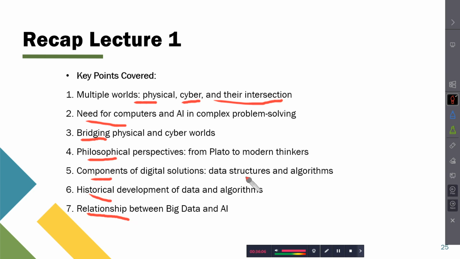We will talk more about this in detail and technically. We explore the relation of big data and AI.